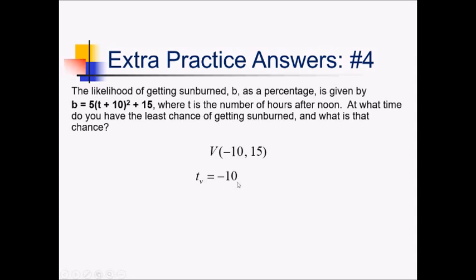So that's going to end up being 12 minus 10, which gives us 2 a.m. So if you want to go out on the beach at 2 in the morning, I guess, you have very little chance of getting sunburned. And the actual chance of getting sunburned is going to be the output of the vertex, this 15. So that's a 15% chance of getting sunburned.